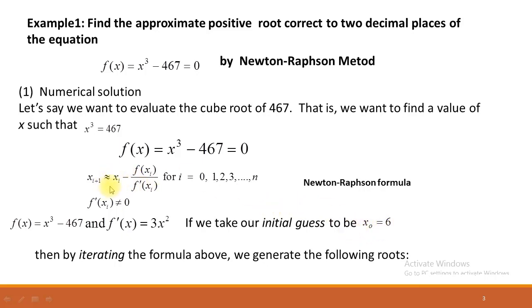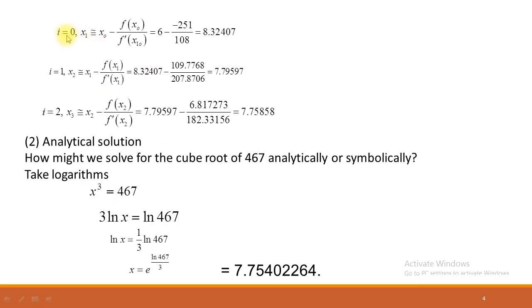Now to find the next root x1, putting i equals 0, the formula will be x1 equals x naught minus f of x naught divided by f dash of x naught.